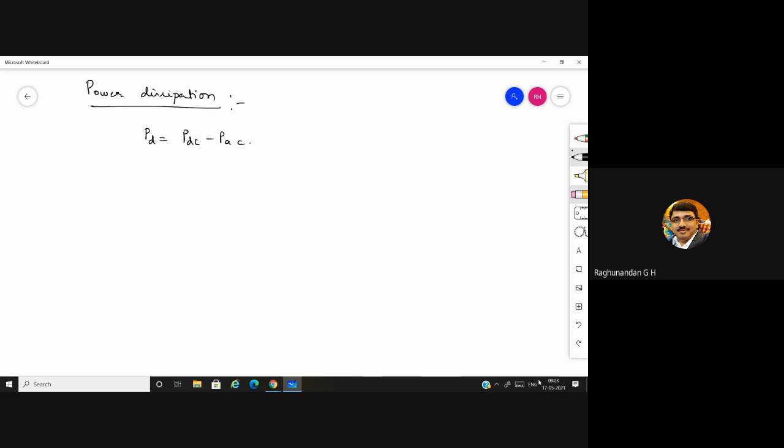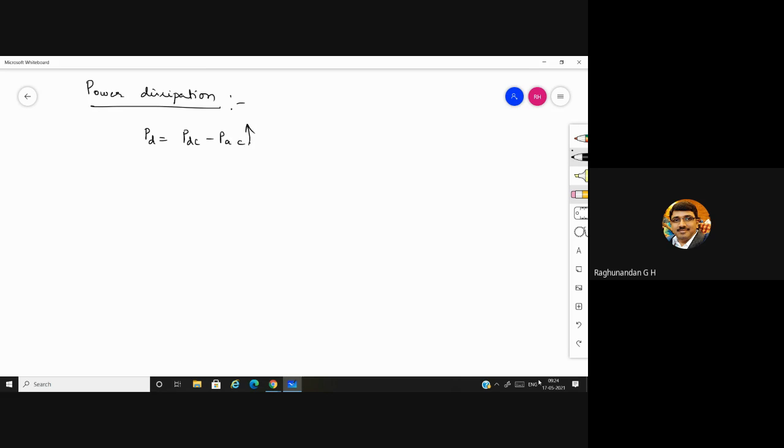Yes, good. Whenever your output is more, obviously PAC becomes maximum, so PD will be minimum. So you'll get a negative value for PD, which indicates that power dissipation is reduced.